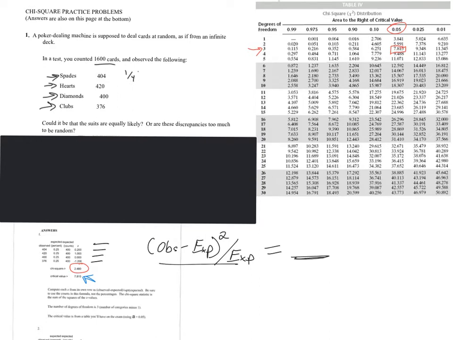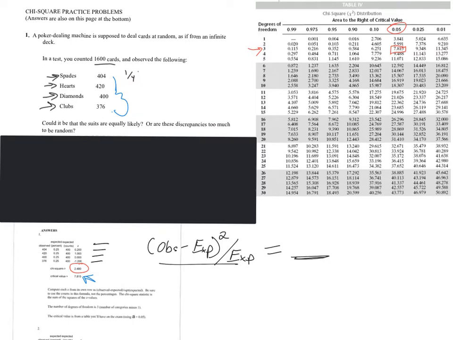And what hypothesis are you accepting? It says, in a test, you observe the following: could it be that the suits are equally likely, or are these discrepancies too much to be random? So is this discrepancy too much to be random? You'd expect them to be 400 each if it is in fact equally likely, and obviously they're not coming out 400 each.